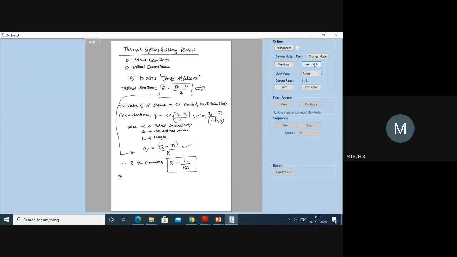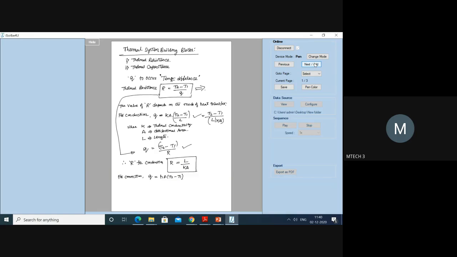For convection, what is Q? What is Q for convection? H into A into T2 minus T1, where H is the coefficient of heat transfer, and A is the surface area.